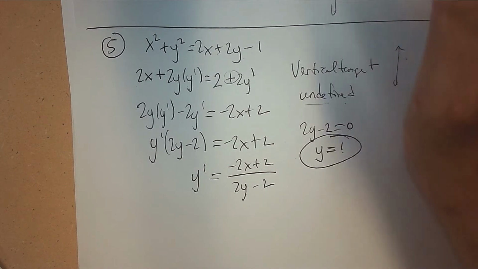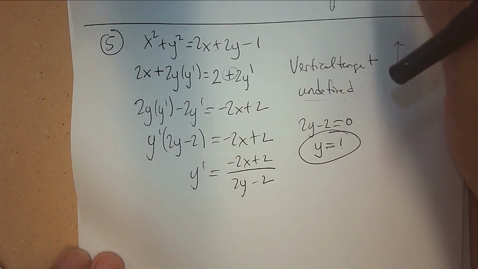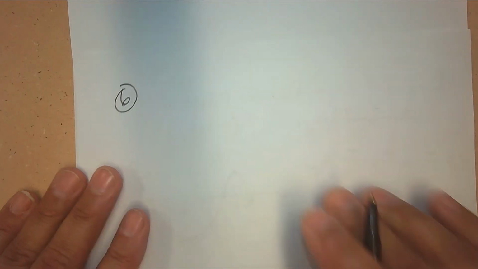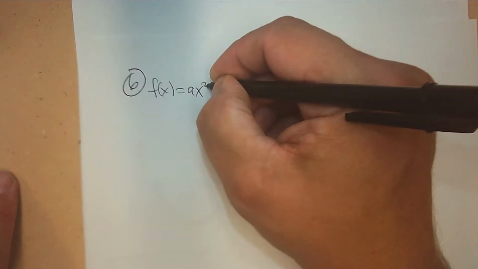All right, number 6. So number 6 gives you a function ax squared plus bx.